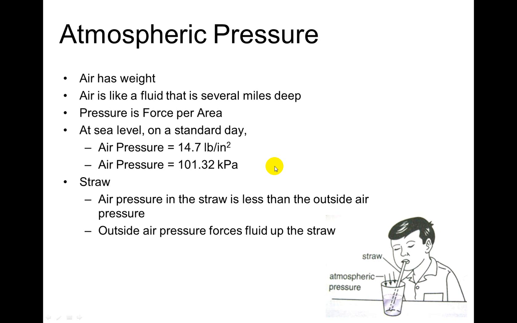You're going to have that equilibrium where the atmospheric pressure is pushing down on the liquid that you have in there. So whenever you put in that straw, that atmospheric pressure is going to balance out to where the straw has the same level as the beverage.